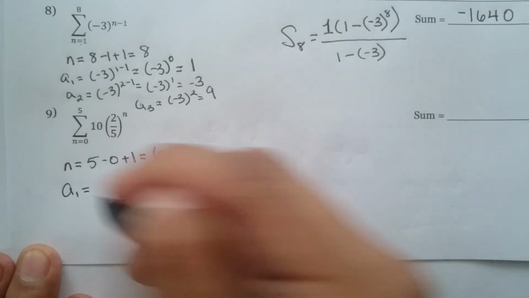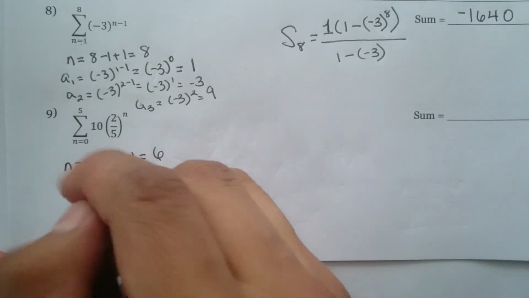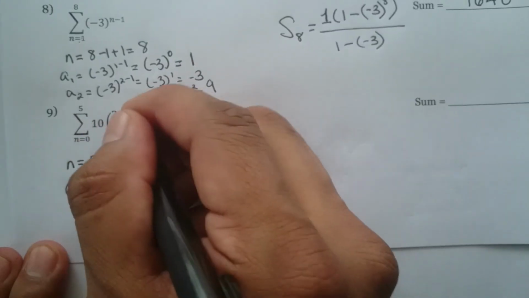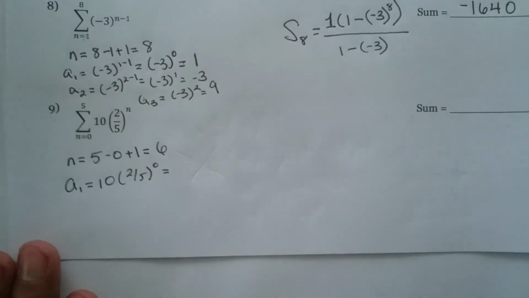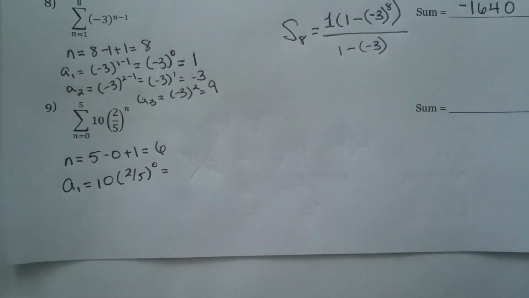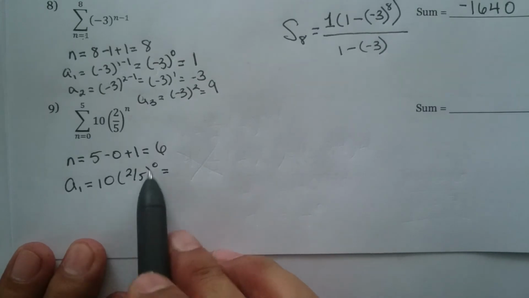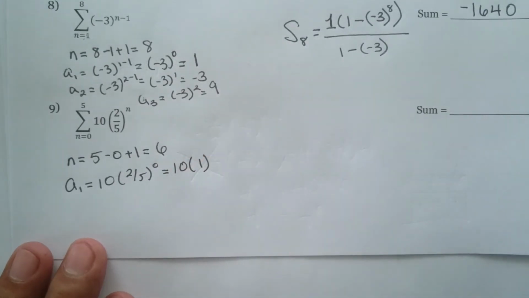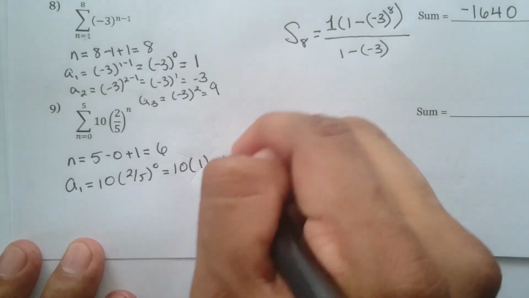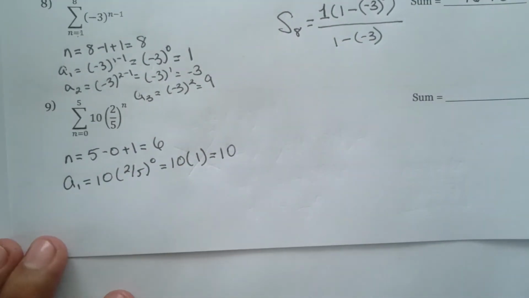All right. Well, we need to figure out our first term. Well, we plug in our bottom number into the equation. Now, some of y'all might think, oh, the whole thing is taken to the 0 power, but it's actually only the 2/5. So 2/5 to the 0 is 1. So our first term is 10.